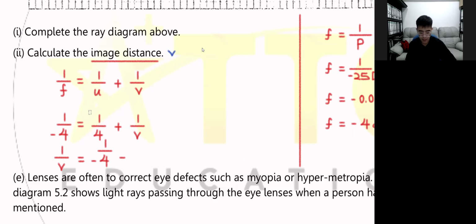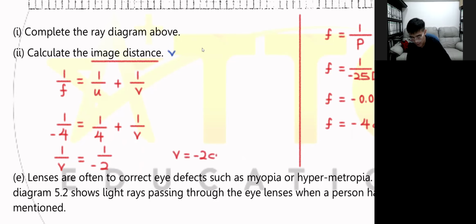So negative 1 over 4 minus 1 over 4 means you get negative 2 over 4. Negative 1 minus 1 is negative 2. So negative 2 over 4 is negative 1 over 2. That means your V will be negative 2, so your image distance will be negative 2.